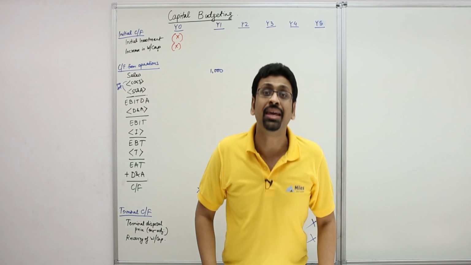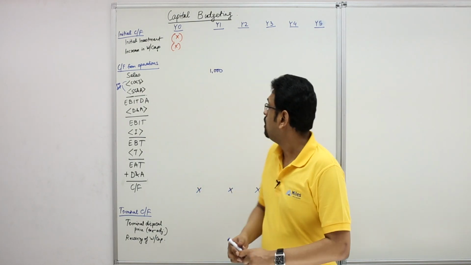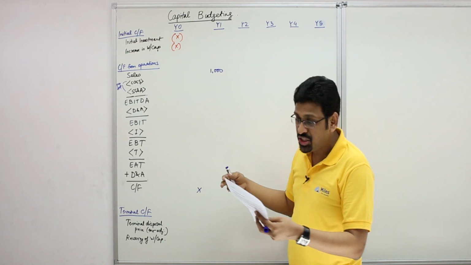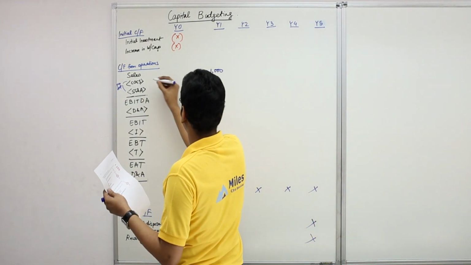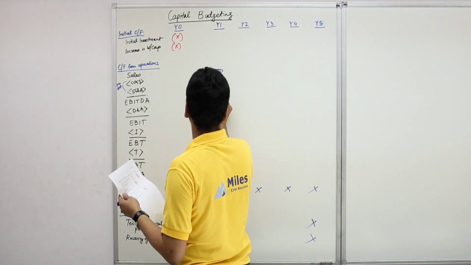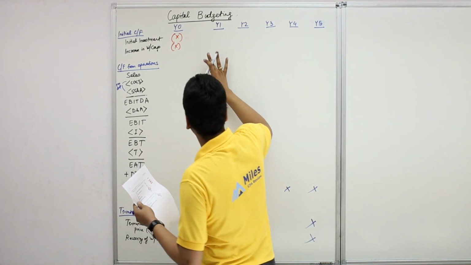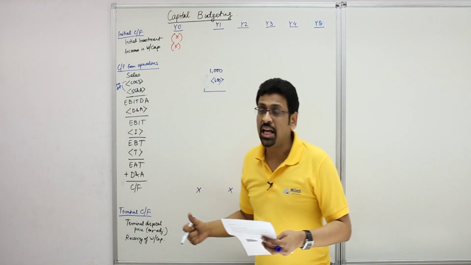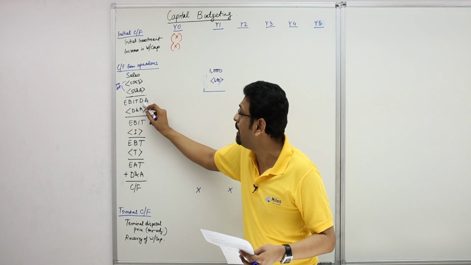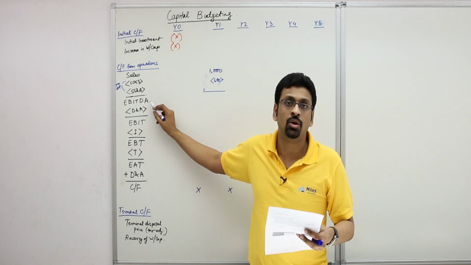Cash doesn't go out when you depreciate. It's a non-cash expense. So if sales are $1,000 and costs other than depreciation, interest and taxes are $600. This is other than depreciation. This gives us EBITDA. Now EBITDA stands for earnings before interest, taxes, depreciation and amortization.